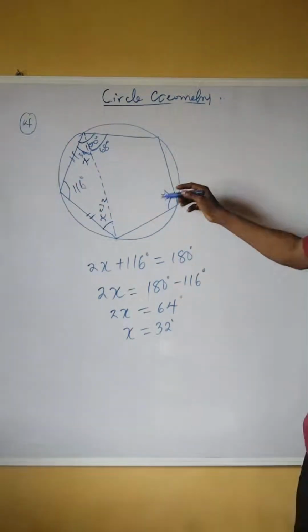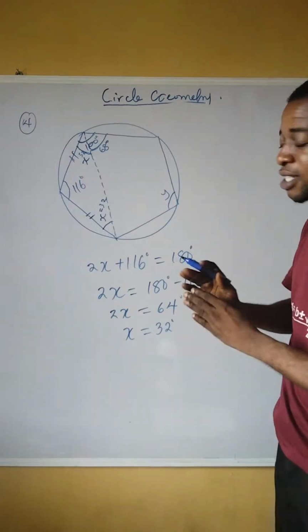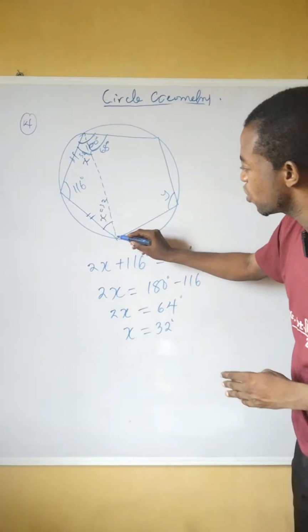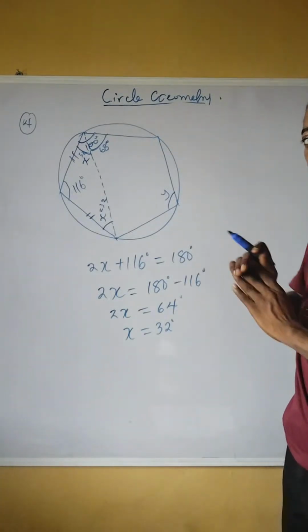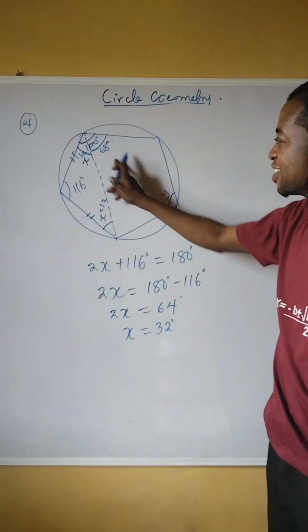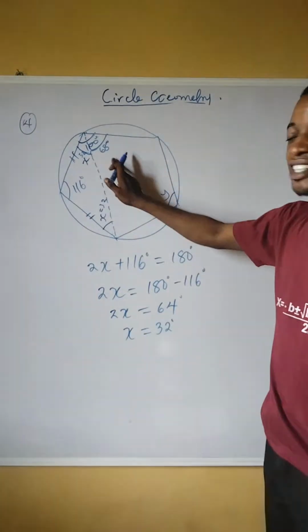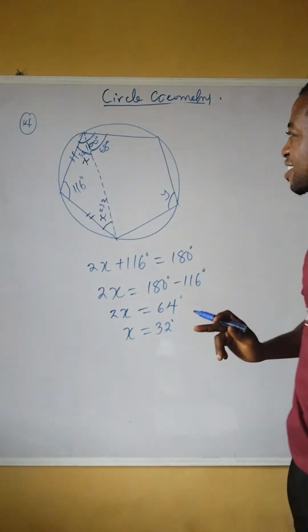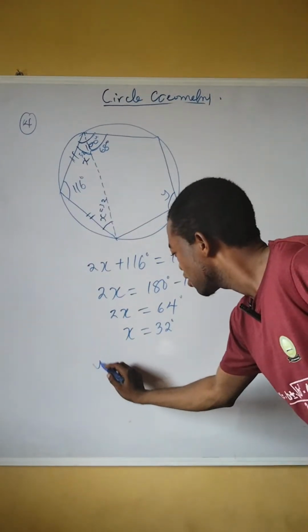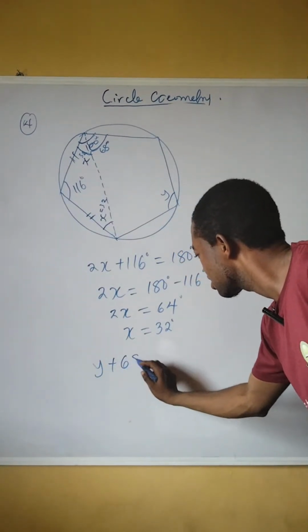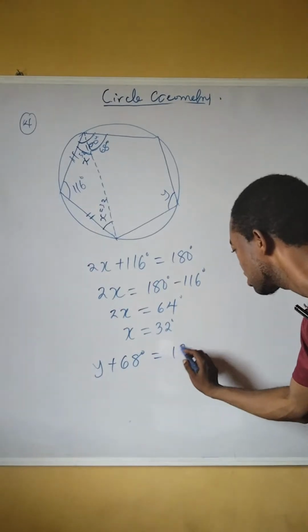Now we are fine. Looking at this shape now, we already have a cyclic quadrilateral. Looking at the 4 angles, 1, 2, 3, 4, it forms a cyclic quadrilateral. So we can add these two angles together now and say they are equal to 180 degrees. That's opposite angles of a cyclic quadrilateral. So therefore, we have y plus 68 degrees equals 180 degrees.